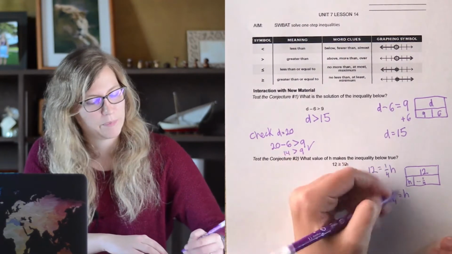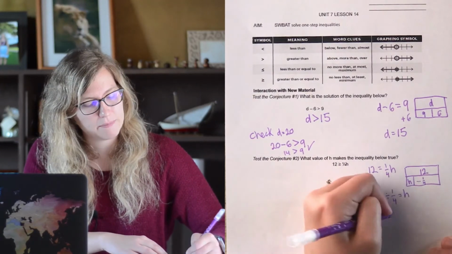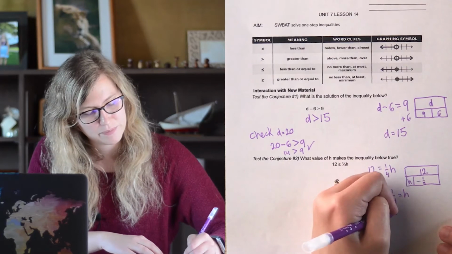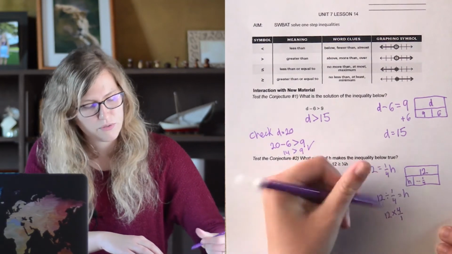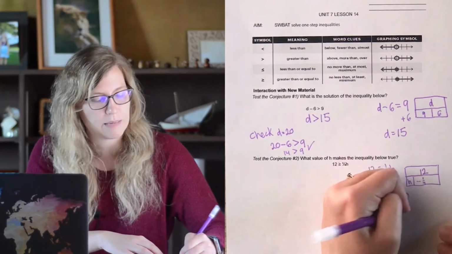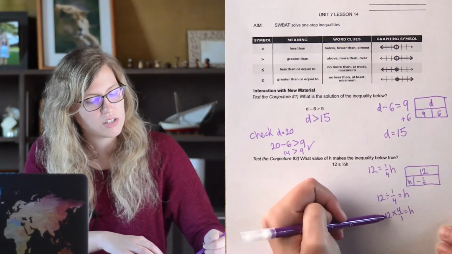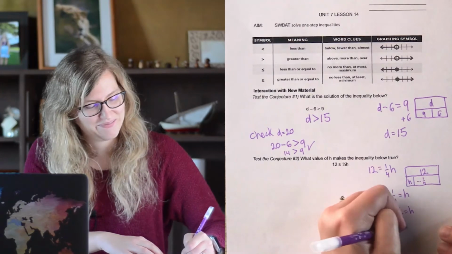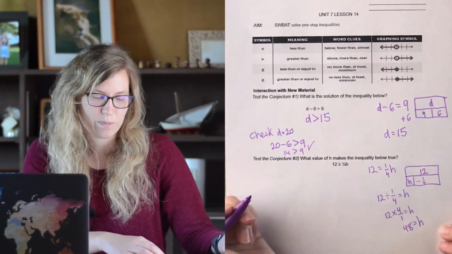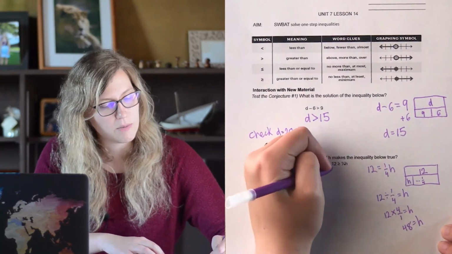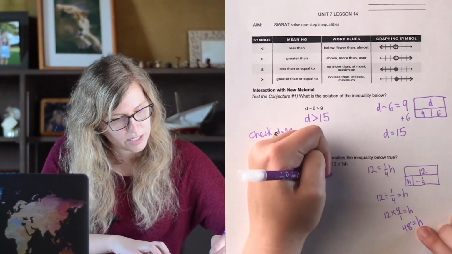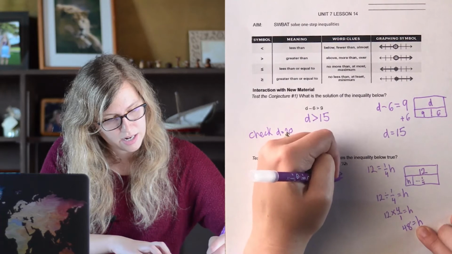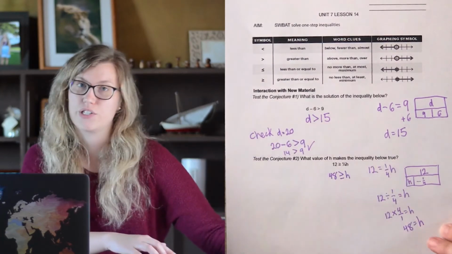Keep, change, flip. 12, we keep that, we change this to multiplication, and then we flip it. 4/1, that just means 4. So 12 times 4 equals H. So 12 times 4, 48 equals H. So now I'm going to go back and say 48 has to be greater or equal to my H.